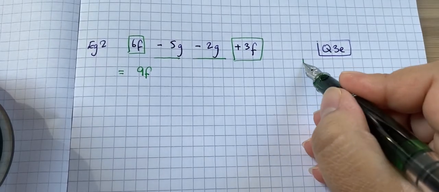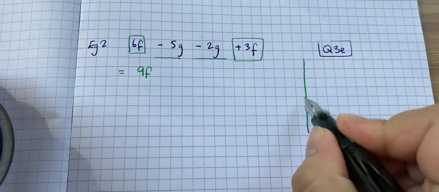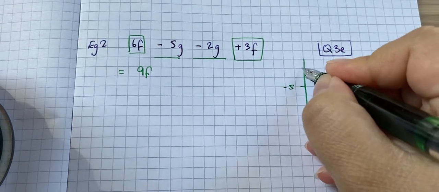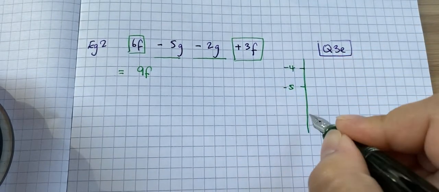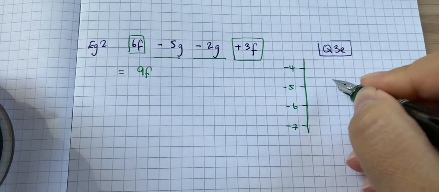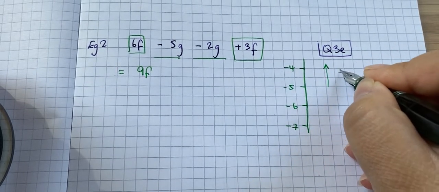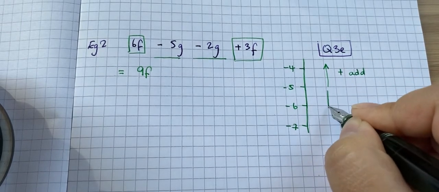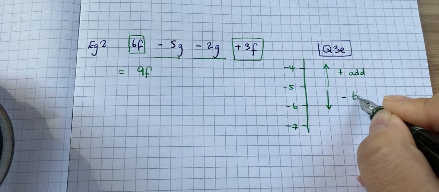Now if we think about a number line, and if this is negative 5, and this is negative 4, I'm just going to draw my number line in. If I want to add, I would go up the number line. But if I want to subtract, I will go down the number line.